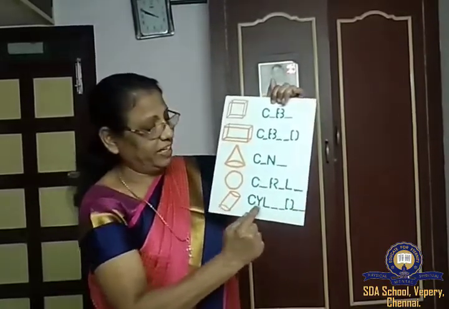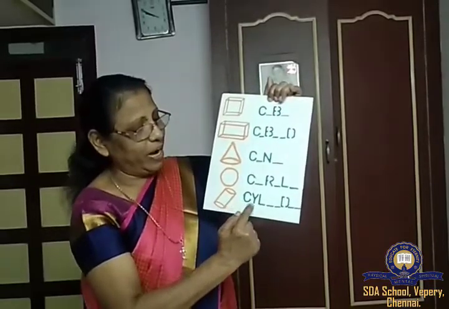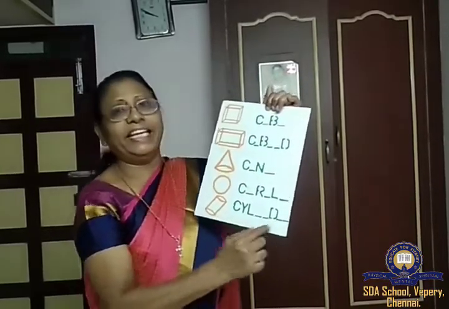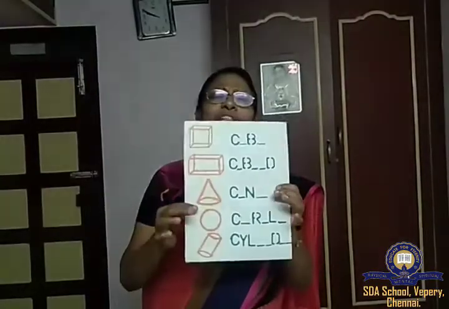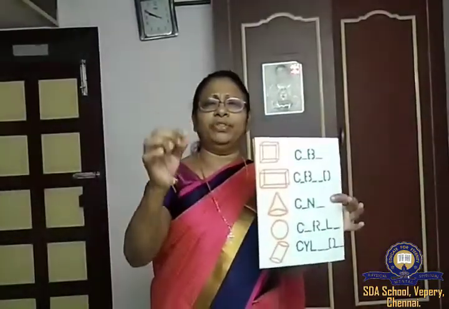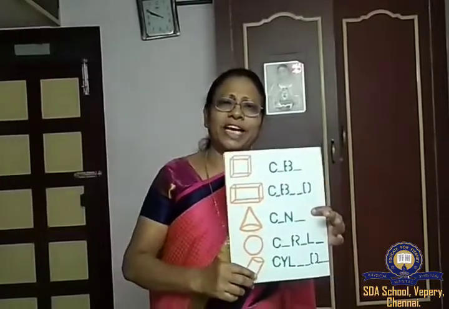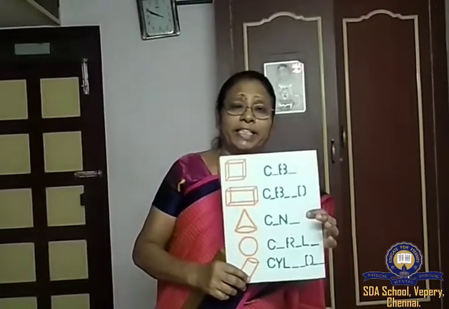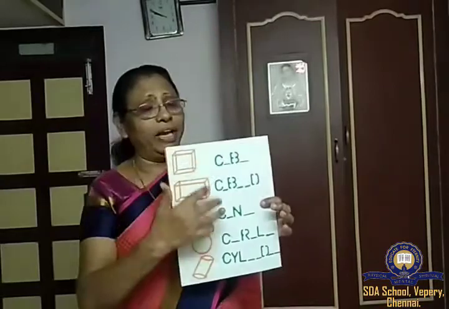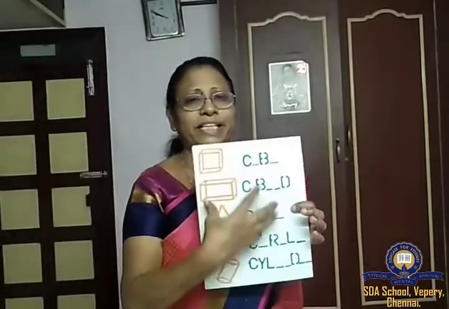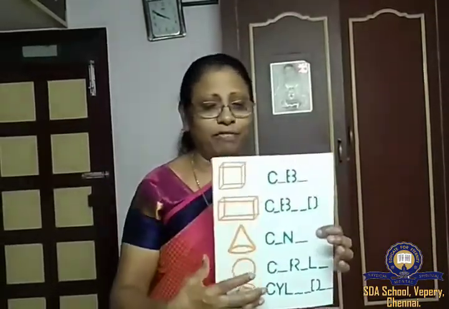C-I-R-C-L-E, circle. C-Y-L-I-N-D-E-R, cylinder. So in the exam, children, if you know the spelling, no matter what kind of question is asked, you will be able to fill in the missing letters and get full marks.